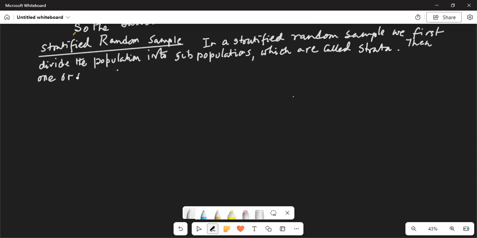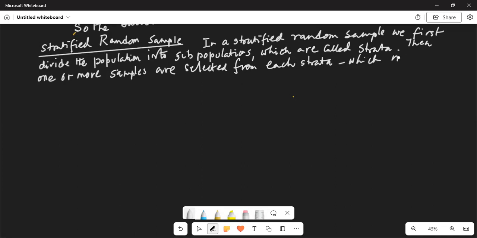Then one or more samples are selected from each strata, which makes stratified random sample.